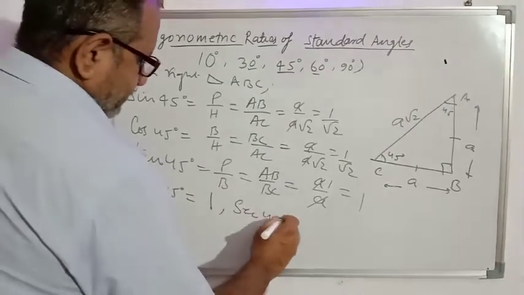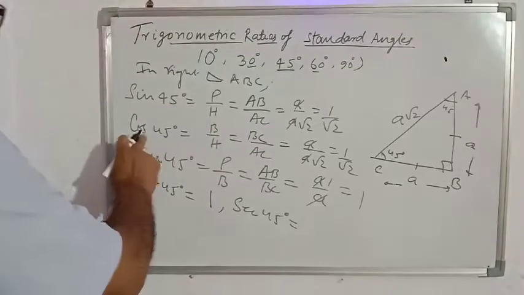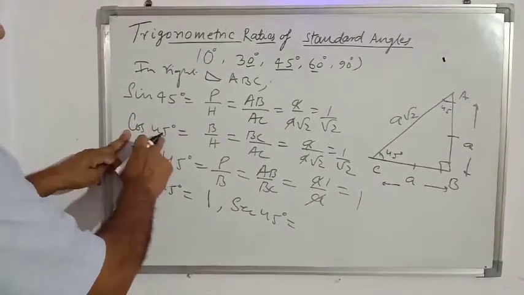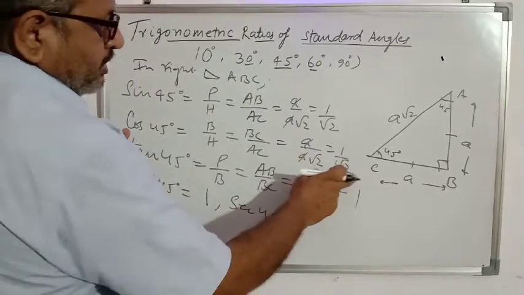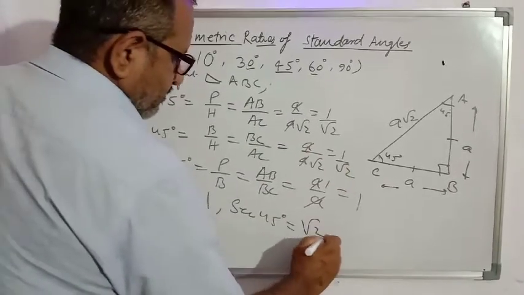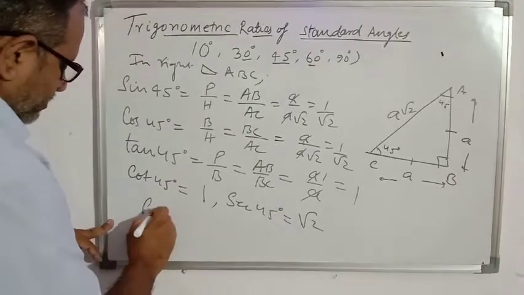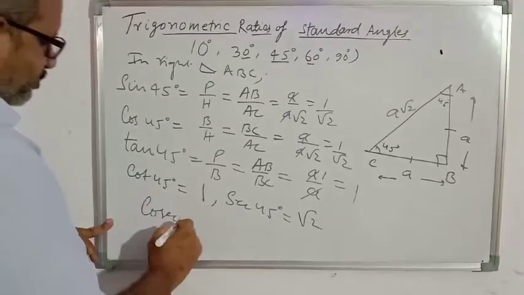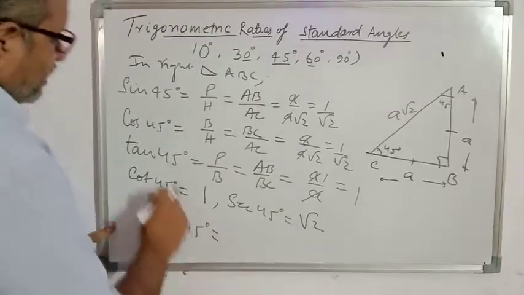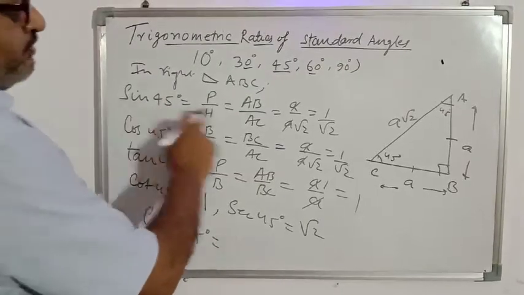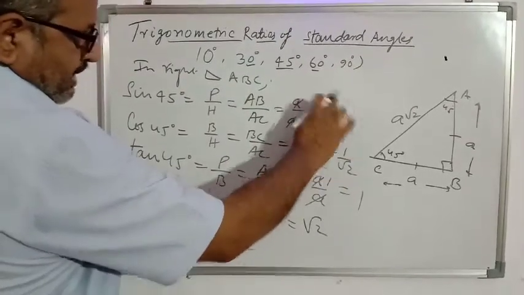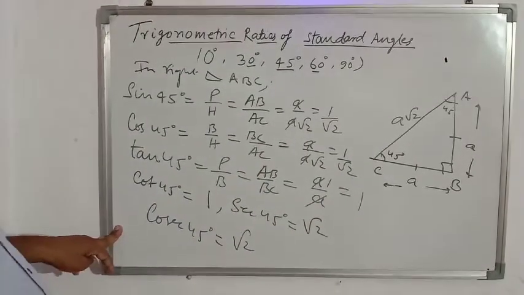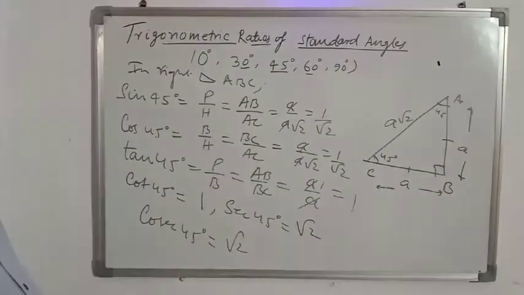Sec 45 is the reciprocal of cos. Value of cos 45 is 1 by root 2, so sec 45 is root 2 by 1, which is root 2. Cosec 45 is the reciprocal of sine. Sine 45 is 1 by root 2, so the reciprocal is root 2 by 1, which is root 2.